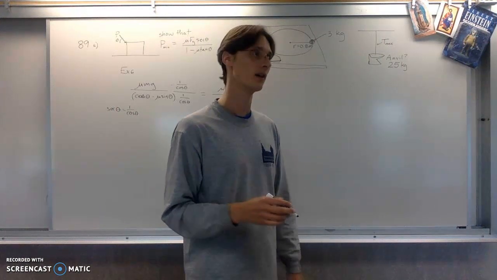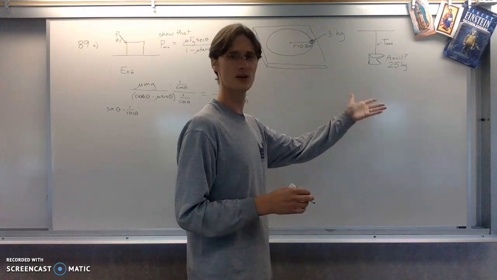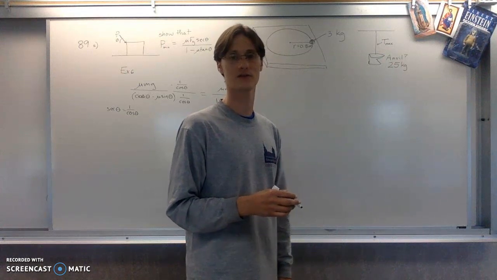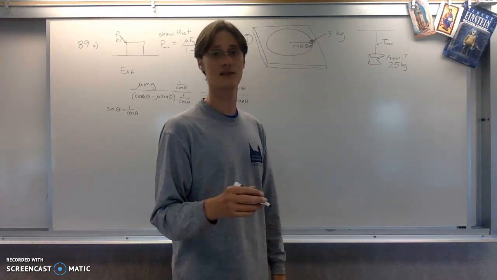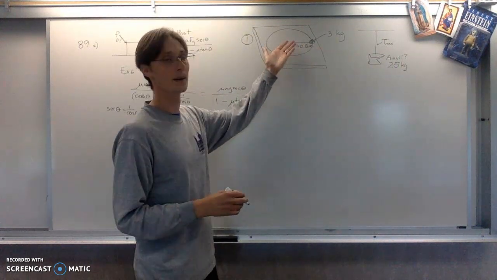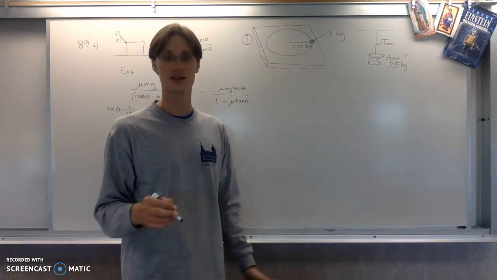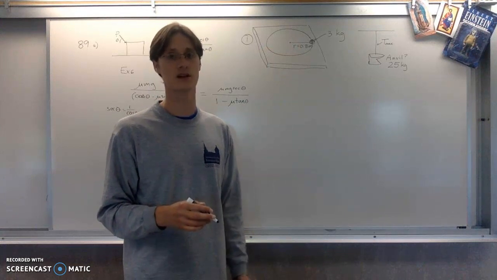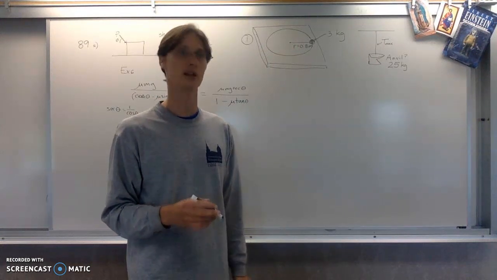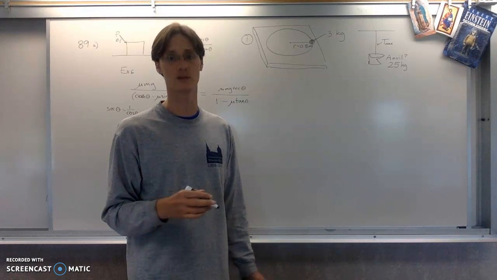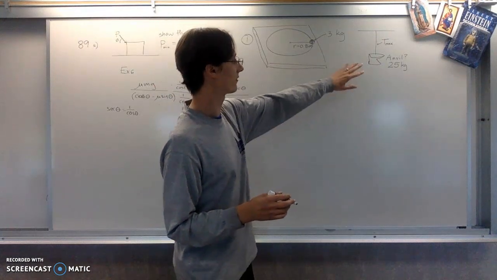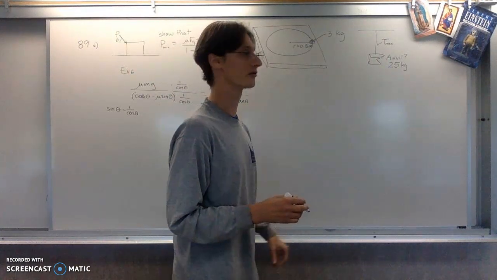So it seems like you've got two completely unrelated pieces of information, but what they're giving you is that there's a maximum tension that string can have before it snaps. That's true for any string: if you pull on it hard enough, or hang something heavy enough from it, it will snap. This is a way of giving you that information.